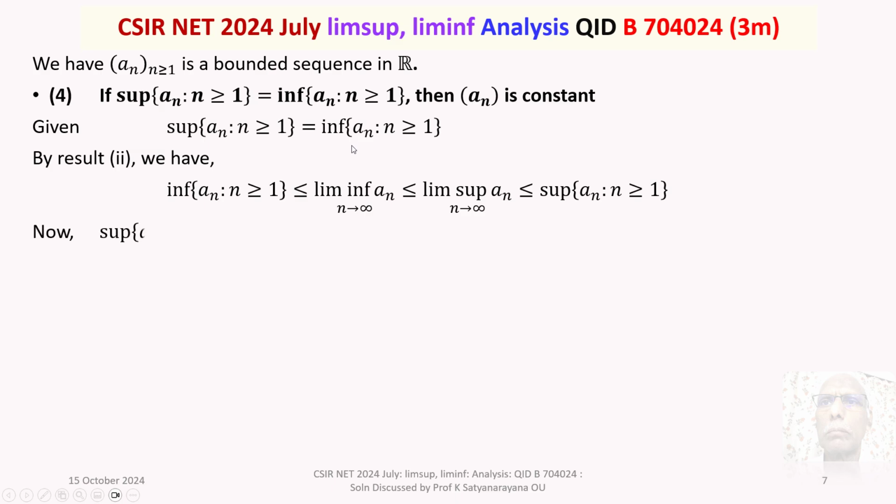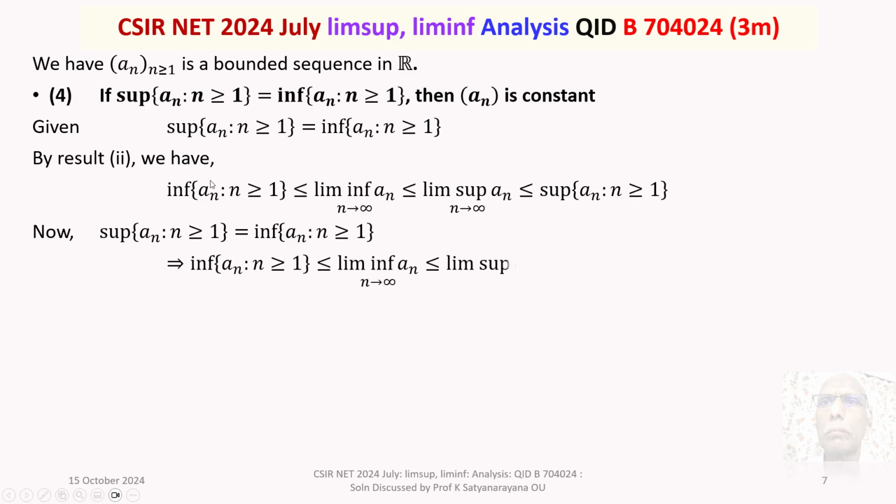So now, in the place of supremum, we are given infimum. Then infimum of a_n is less than or equal to limit inferior, is less than or equal to limit superior, is equal to infimum of a_n.